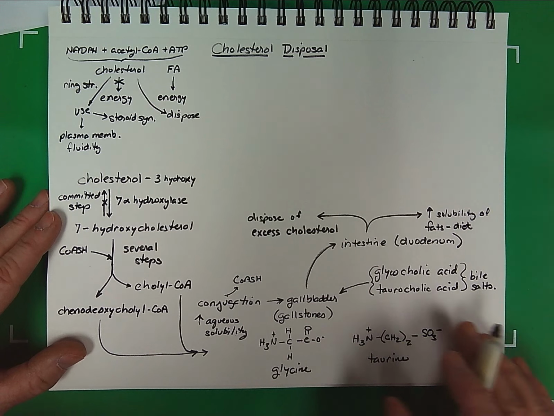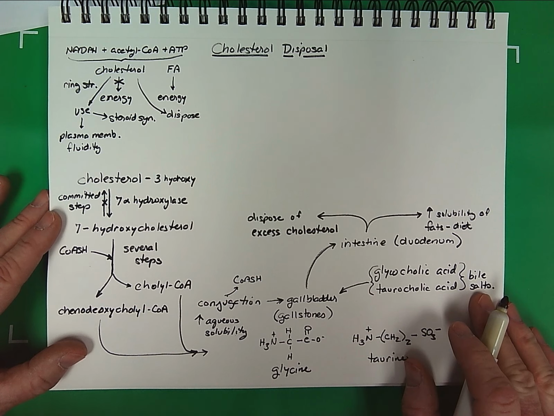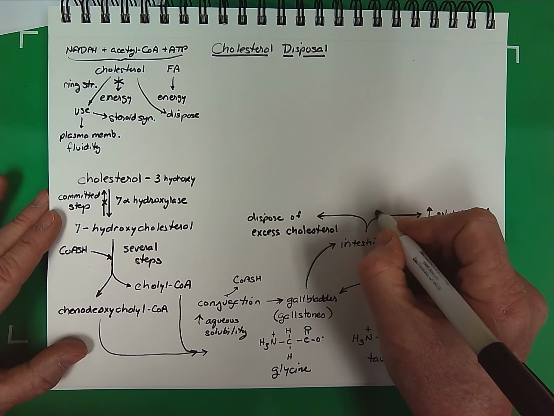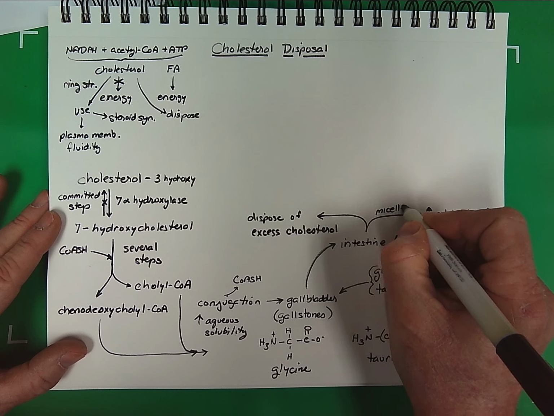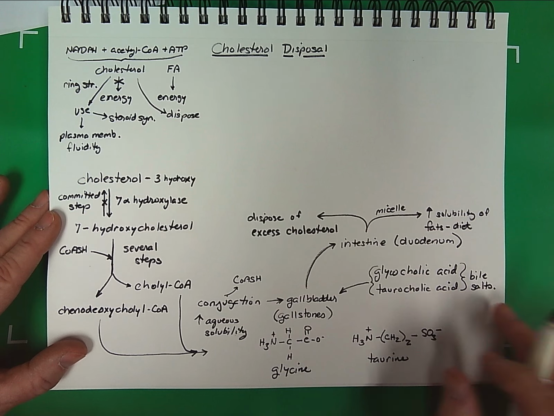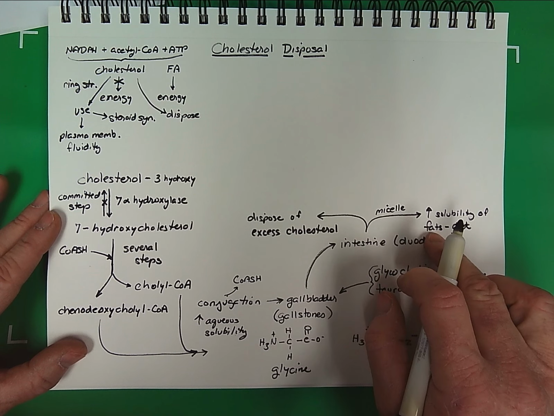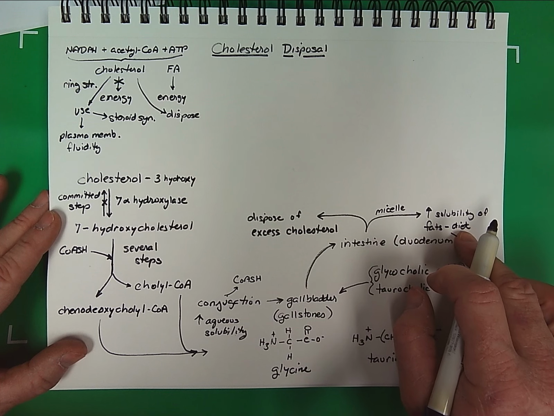So the primary chemistry that the bile salts are doing in the intestine is to form what are called micelle structures. The micelle structures are the bile salts intercalating into fat droplets that we have in our intestine from our diet.